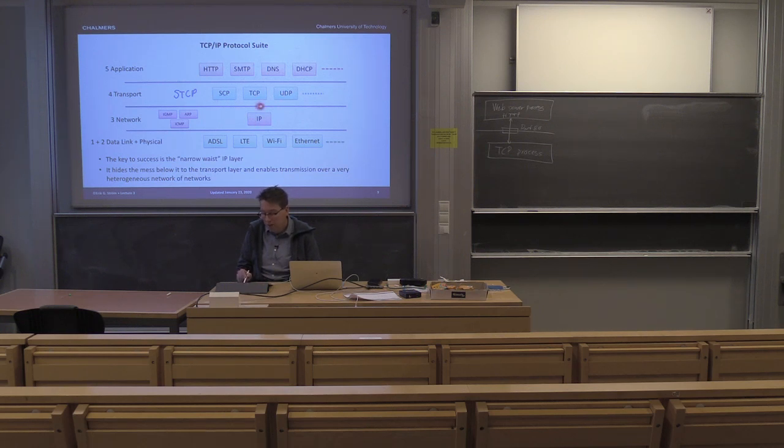And then we have the famous IP protocol in the network layer and some other protocols which are basically helper protocols to IP. And below IP we have data link and physical layer protocols. And here we have ADSL, LTE, Wi-Fi, fibers, Ethernet, whatnot. There are many things that go on here.